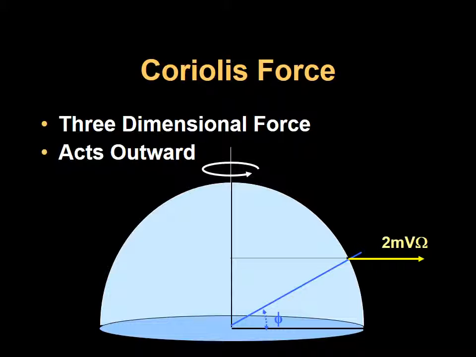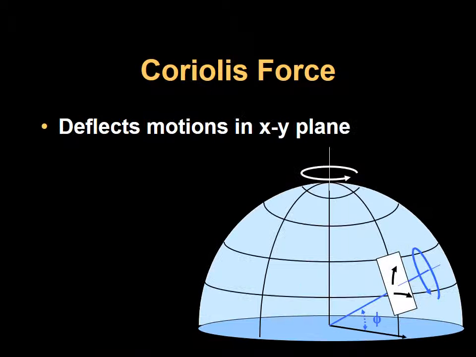So that's the arrow, 2mv omega, that we're looking at right there. And you can break that down into components. We can look at a component in the vertical, and we can also look at a component in the XY plane.